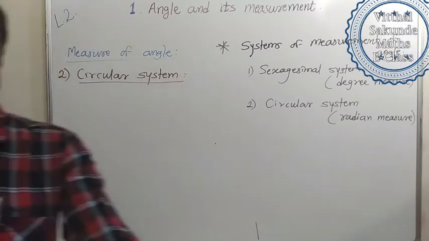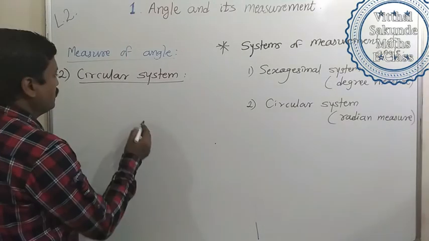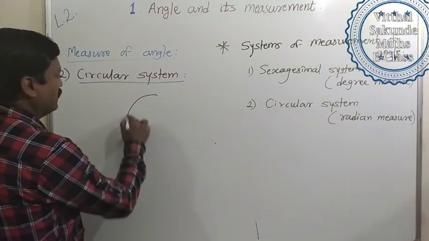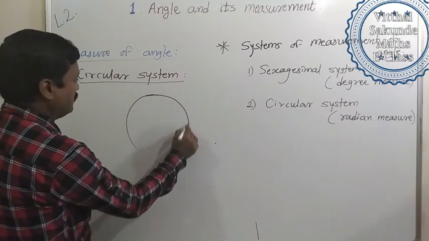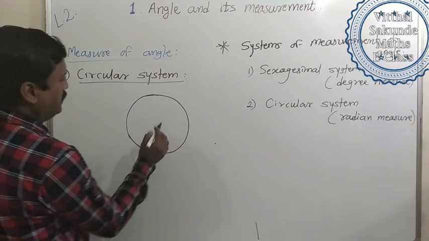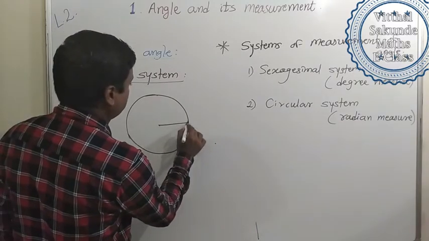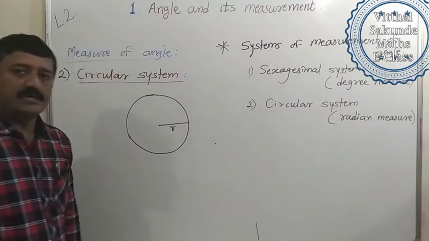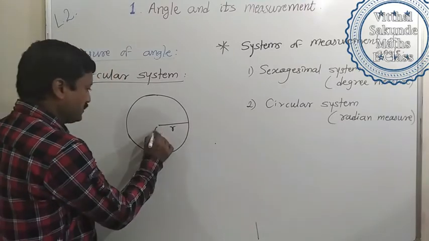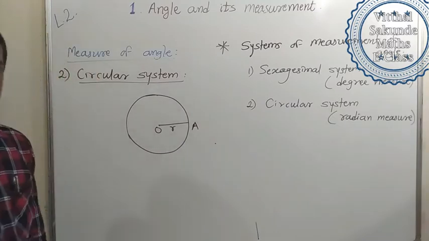In circular system, let us consider a circle of radius r unit. Let this be a circle of radius r. R is the radius of this circle, O is the center of the circle, and A is one point on the circle.